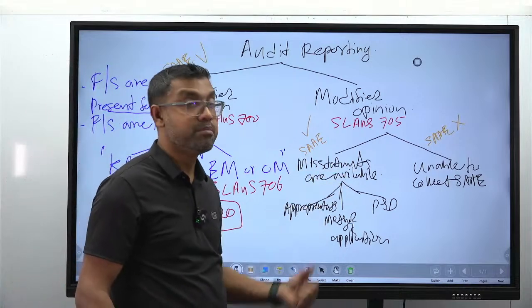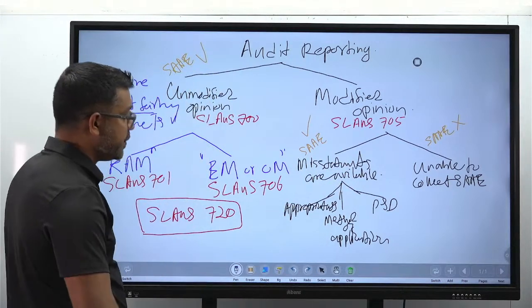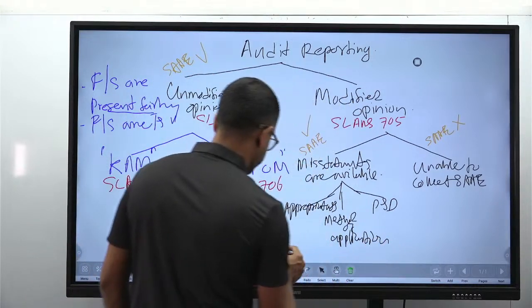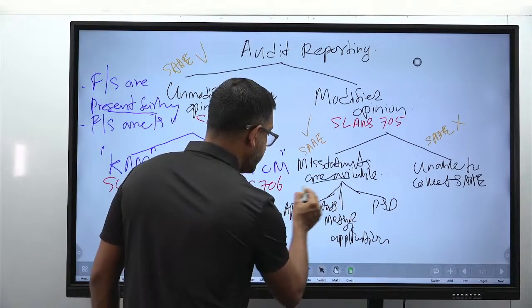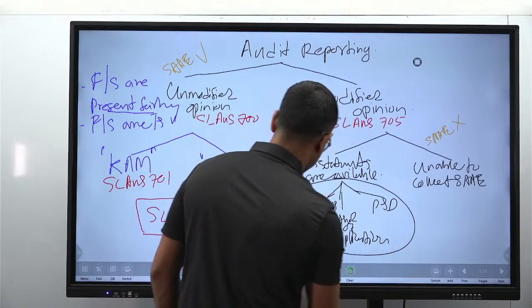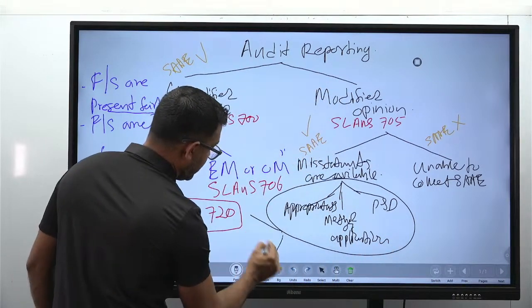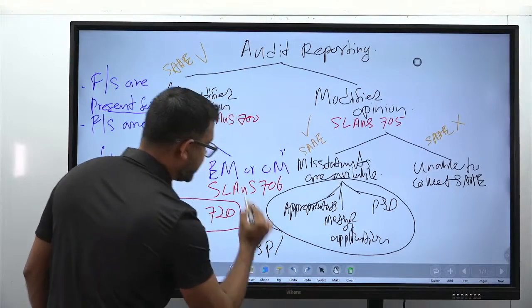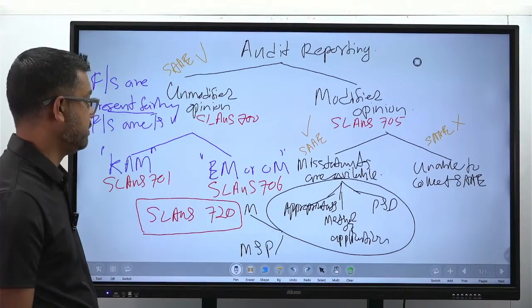Because of that, misstatements are available. These misstatements can be material, right? All these misstatements can be material, or material and pervasive.